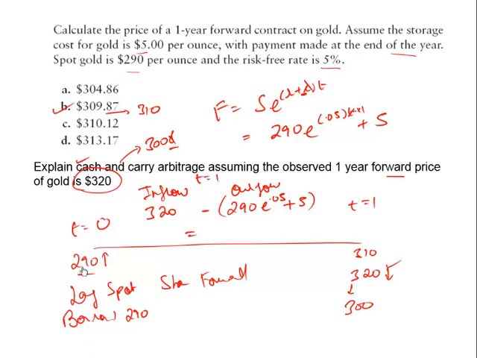When you short in the spot, you receive money. You receive $290 for selling, and then you long in the forward. That is referred to as reverse cash and carry arbitrage, where you short in the spot and long in the forward. If the forward price is not equal to the theoretical forward price, then there is an arbitrage opportunity.